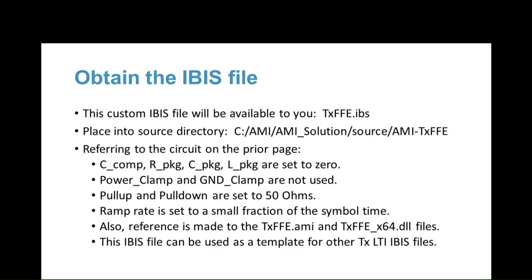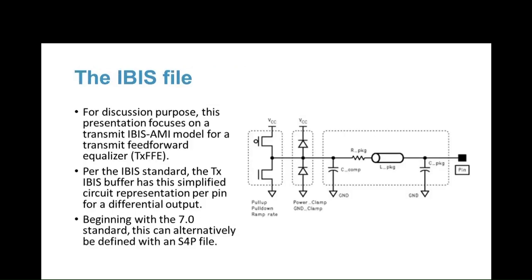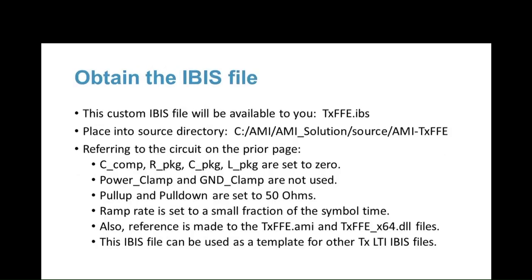As you saw on the prior page, there are the different circuit values of C package, L package, R package, C comp, and different tables for power and ground clamp, pull up and pull down, and ramp rate. Now these can be set to other values, but I set them to simple values to start with.